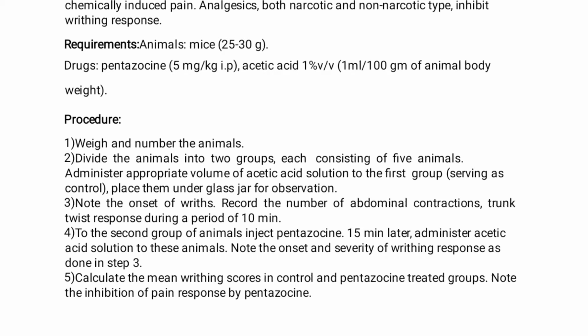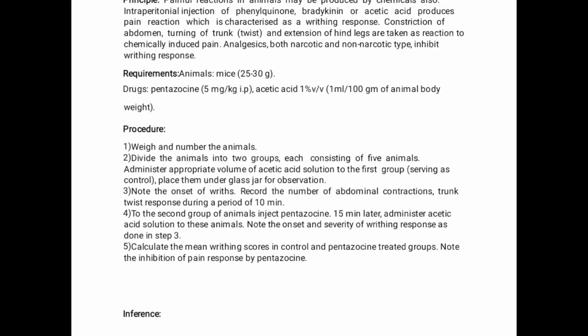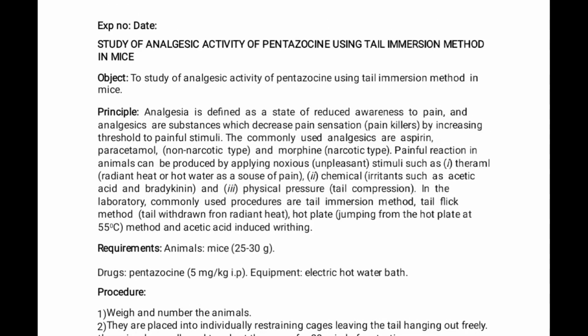Both groups will be checked for onset and severity of the writhing response, the writhing score will be calculated and compared, and the inhibition of pain will be recorded, to evaluate whether pentazocine has analgesic activity or not.